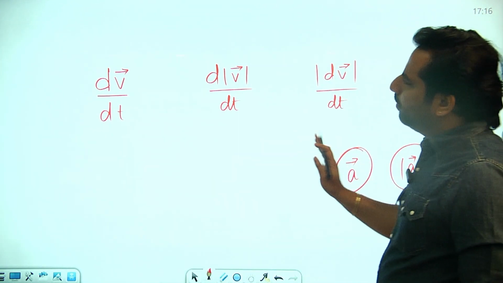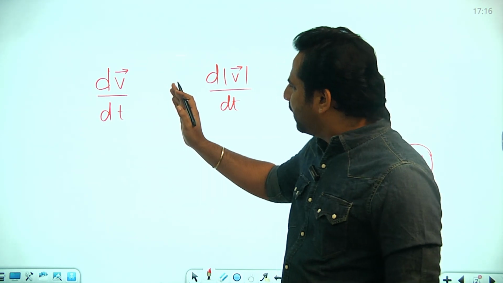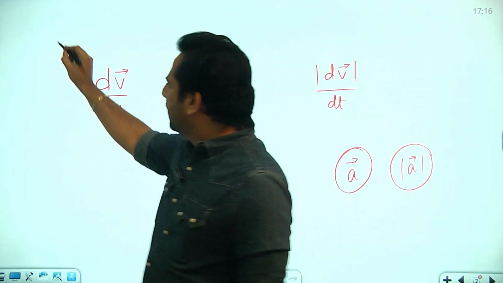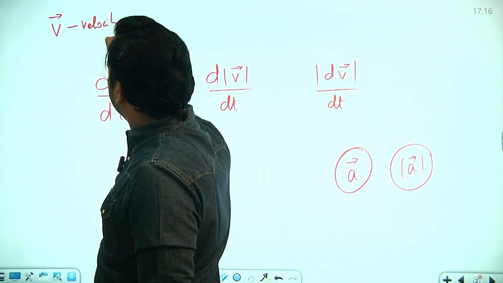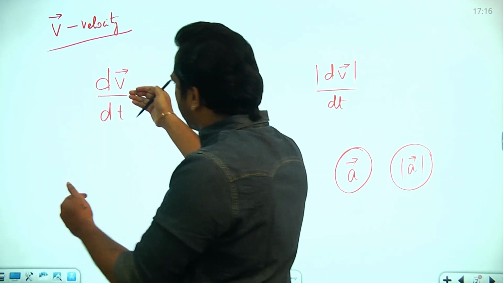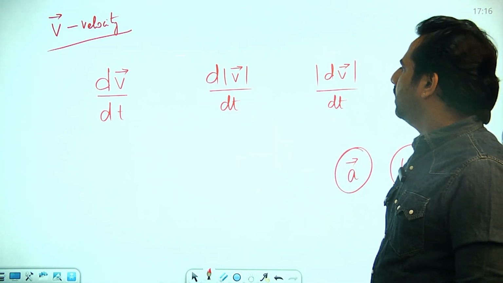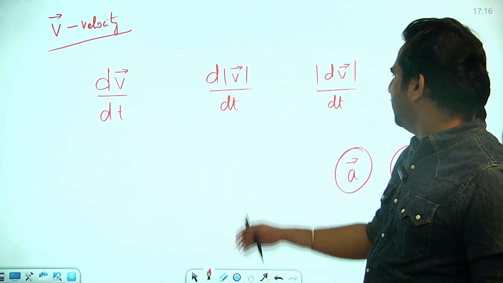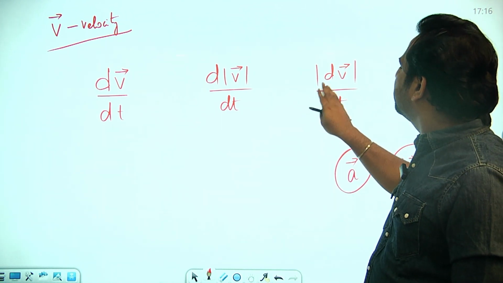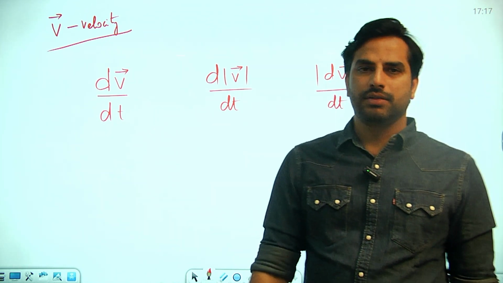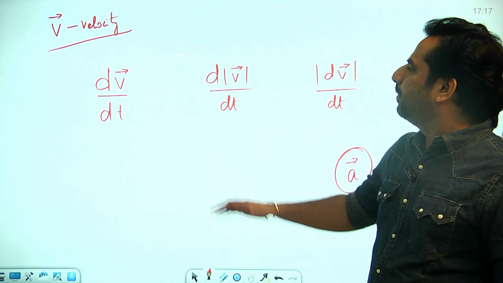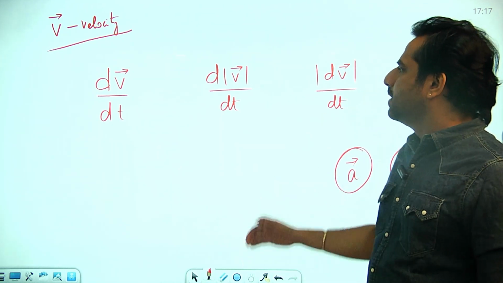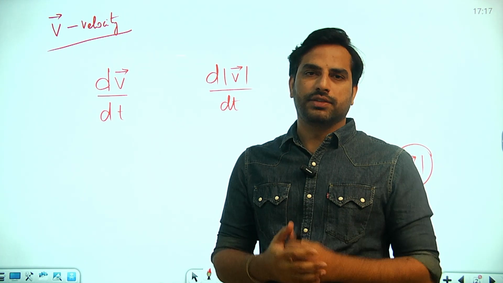So when I say dv bar by dt, suppose v bar is velocity. Then dv bar by dt, d modulus of v bar by dt, modulus of dv bar by dt. We should have 100% clarity in interpreting these kinds of terms, especially in kinematics.